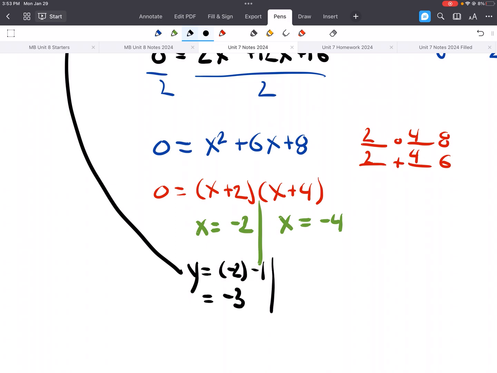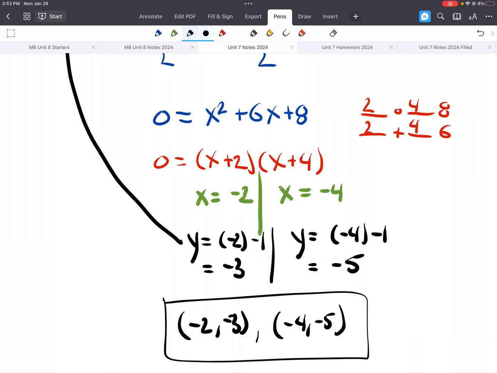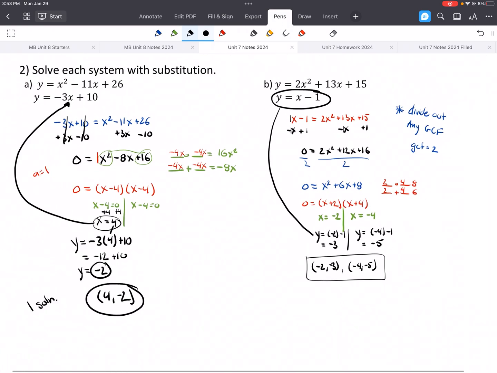And then if we did it for the other x, we would get negative 5. So our ordered pairs would be negative 2 comma negative 3, and negative 4 comma negative 5. Okay.